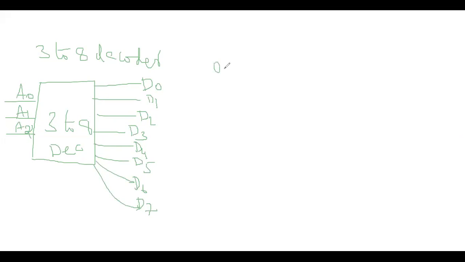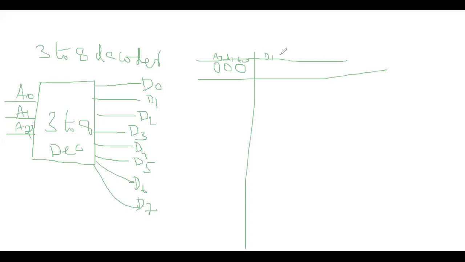In the truth table, you can see 0, 0, 0 for A0, A1 and A2. Which output is high for every possible combination on the input side? D0 to D7.